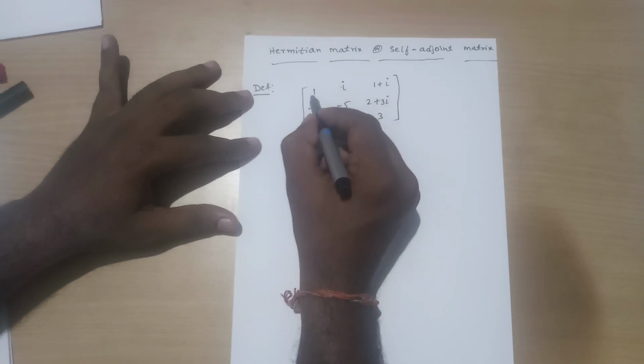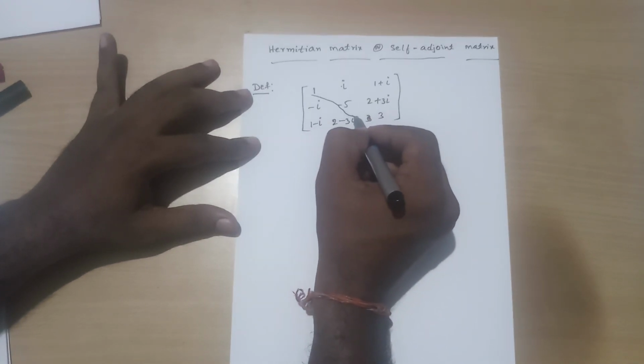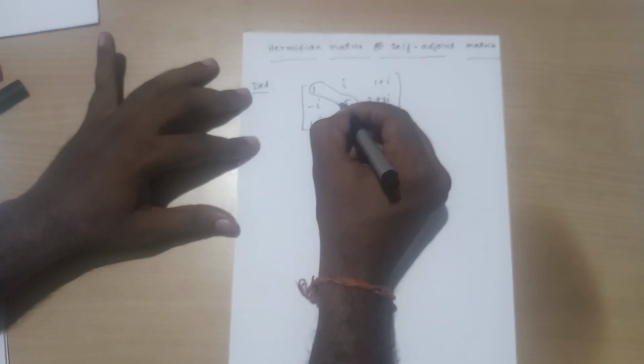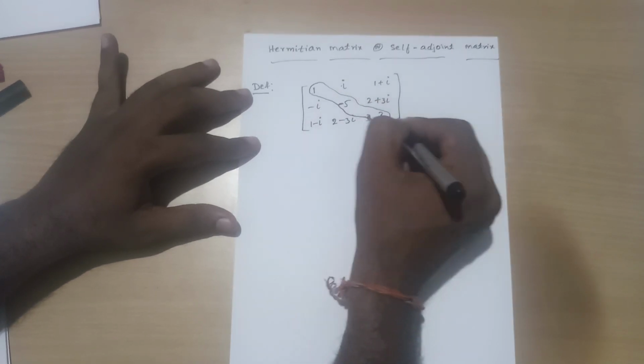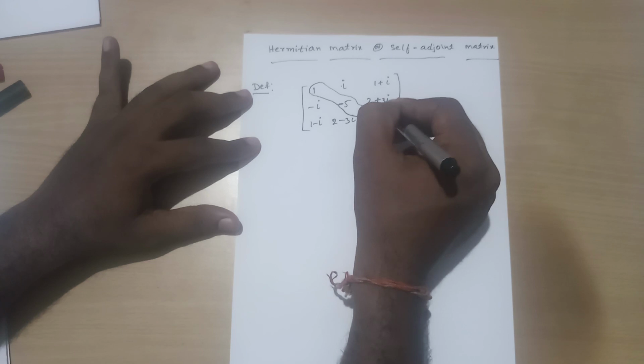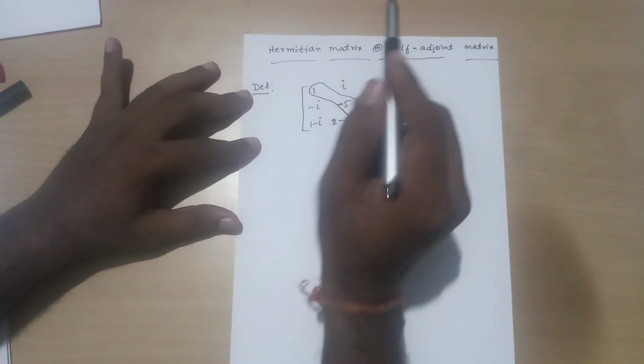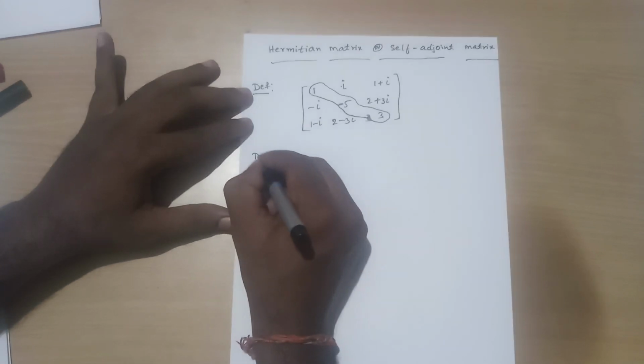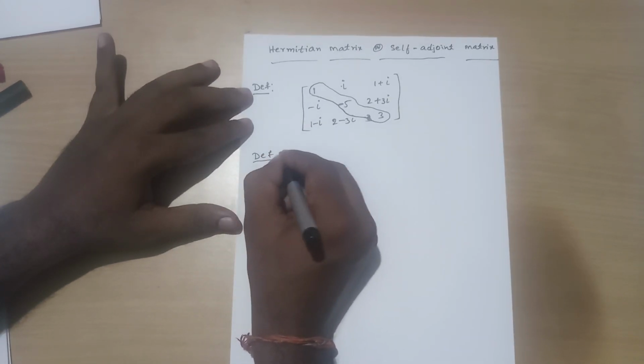Here in the diagonal elements you will get real numbers; you will not get a complex number in the diagonal. That is called a Hermitian matrix. So remember that. Now I will go for the definition.